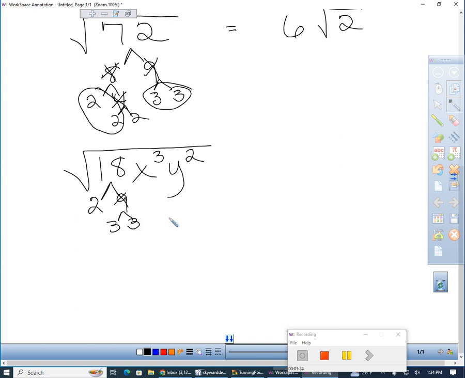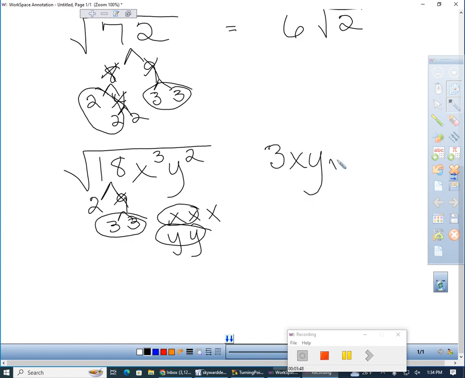Technically, the x's, we have 1, 2, 3 x's, and we have 2 y's. So we have one group of 3s, we have one group of x's, and we have one group of y's. Ooh, close. They come out as one group, 3xy. And then staying at home is the 2 and an x.